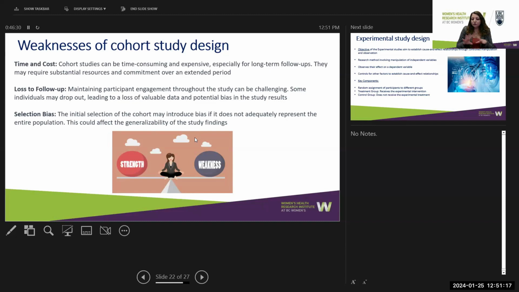So we are recruiting in different areas for women in a specific age span, but it's really important for us to recruit people from different racial backgrounds, from urban areas or rural areas, because based on access to health and other characteristics, those people will be very different. So for example, if we recruit 100% from Vancouver because it's really easy, we cannot generalize to the whole BC population, only to people in Vancouver.